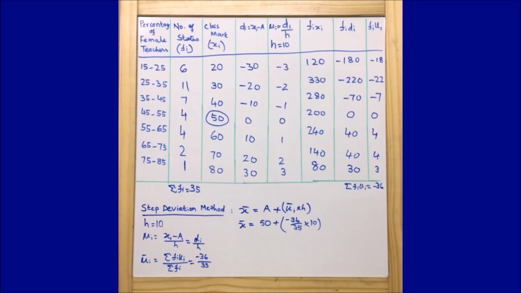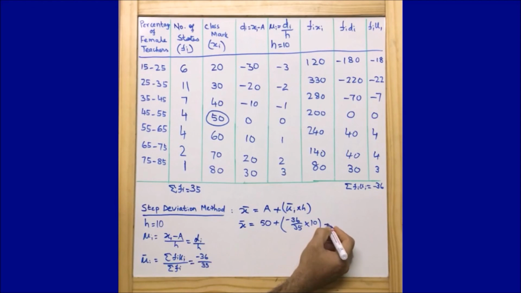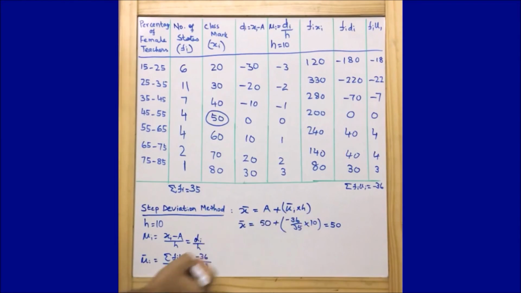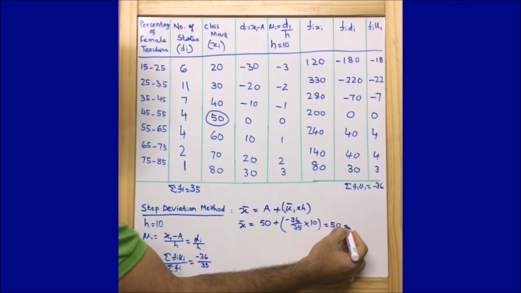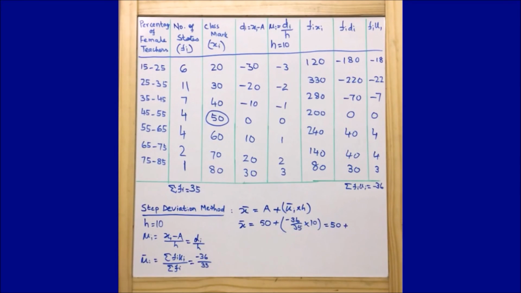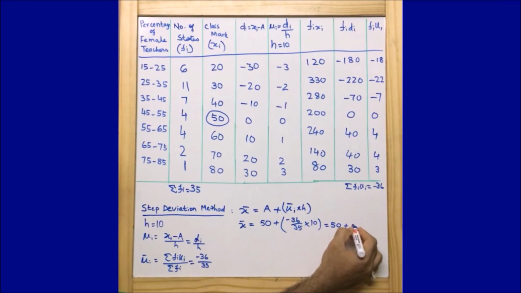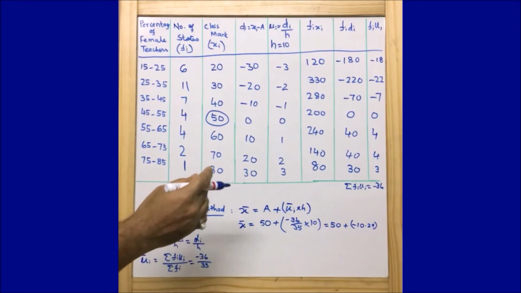Now let us solve this further and see what we are getting. That is equal to 50 plus, and if we solve this minus 36 by 35 into 10, we will be getting minus 10.285 something.